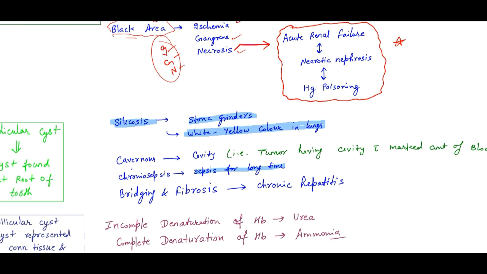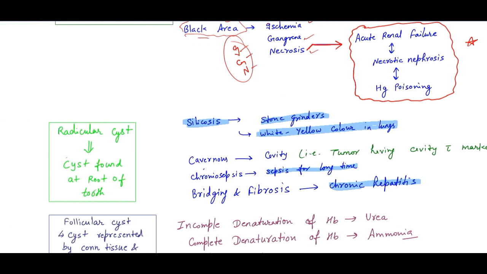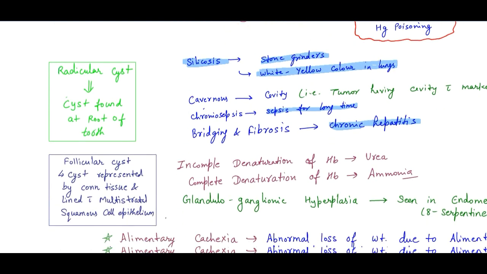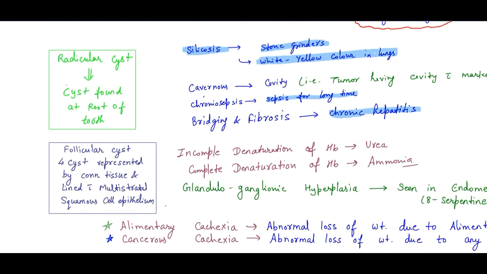Bruising and fibrosis are seen in chronic hepatitis. Am I right? Bruising and fibrosis, that is chronic hepatitis. Remember, there is a question from dentistry, but it can be asked.